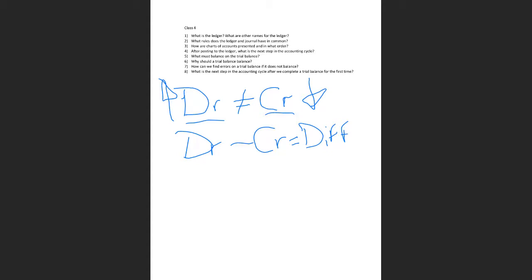If you've only made one mistake in journaling, ledgering, and then posting to the trial balance, you should be able to find it pretty quickly. But as the number of mistakes increases, it becomes more difficult to find them. For example, it's a lot easier to find a mistake worth $51 because you're just looking for the number 51.